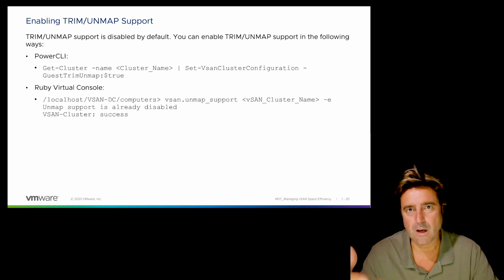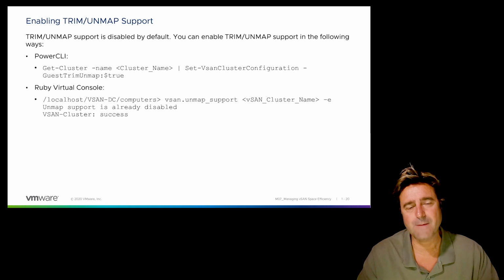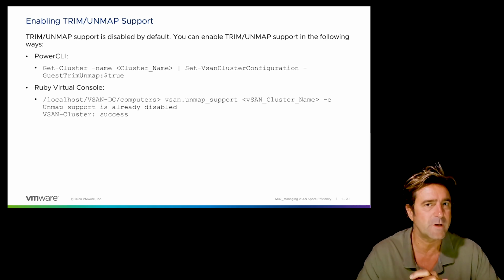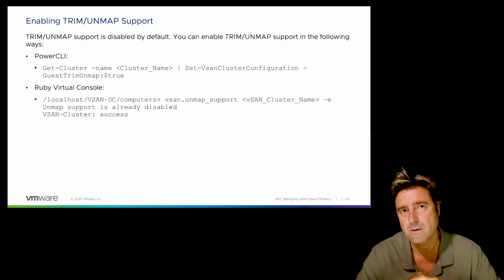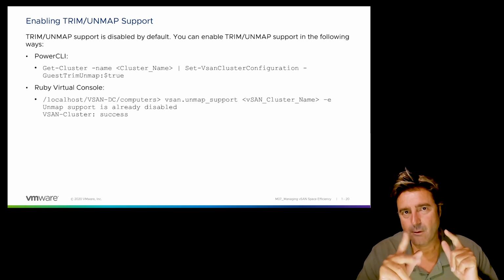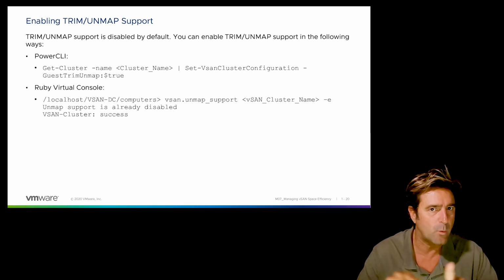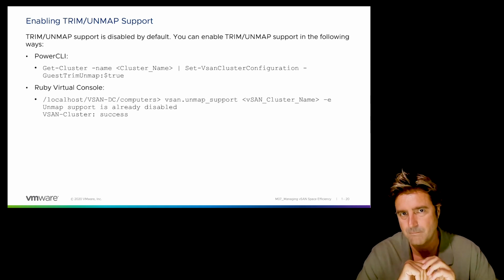If you run the e option and it's already enabled, it's going to tell you that. The reason I need to do a demo is because you don't just type the command, you have to specify the cluster name. So you have to either be in the right location within the RVC or give it a full path. Once again, if you've never used the RVC, you may want to look carefully at that demo.